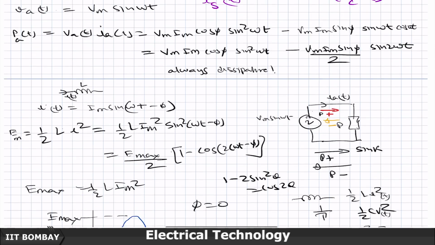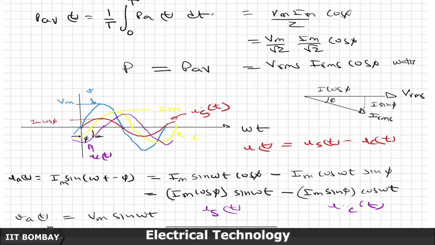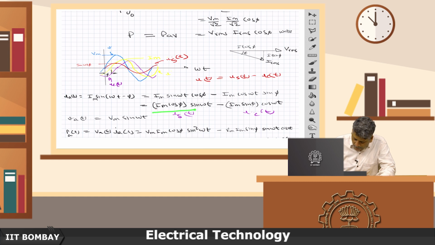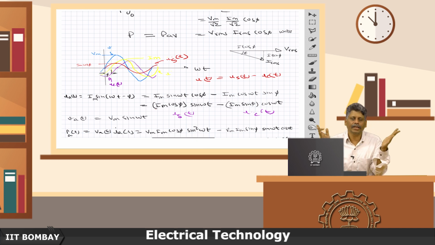So, now you clearly know what I mean when I say a quadrature component. When I say a current component which is in phase with voltage, what I mean is that in time domain, this lagging sinusoid by an angle phi has been split into two components such that one component is in phase with the supply, exactly replicating itself, and another component has turned out to be in quadrature.